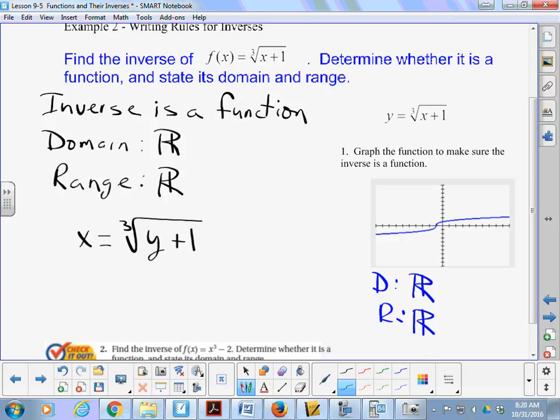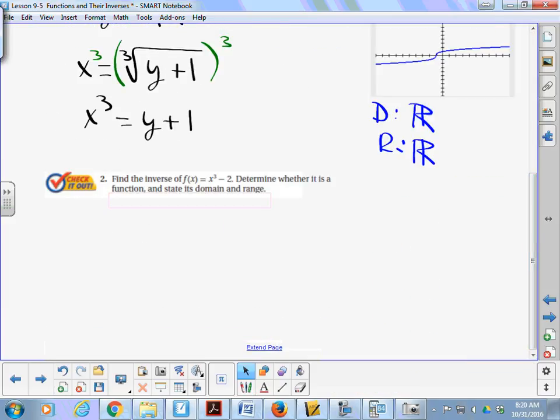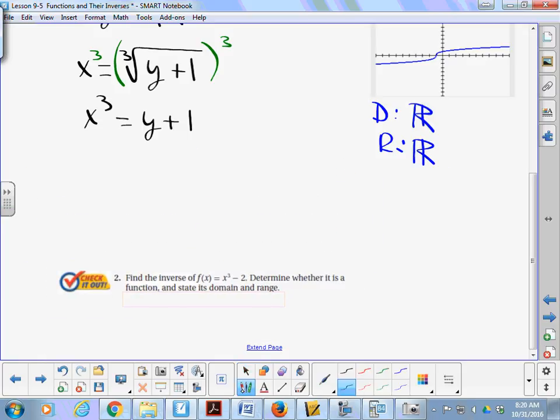Okay, we want to get rid of the cube root. So we're going to raise both sides to the third power. And we subtract 1 from both sides, and we get x cubed minus 1 is equal to.